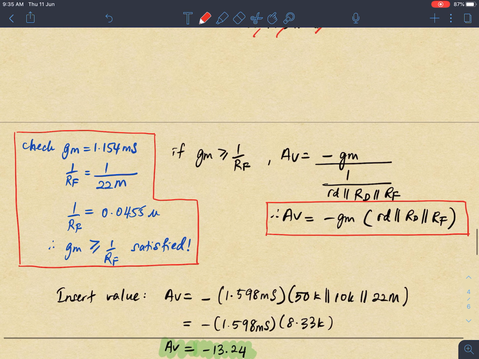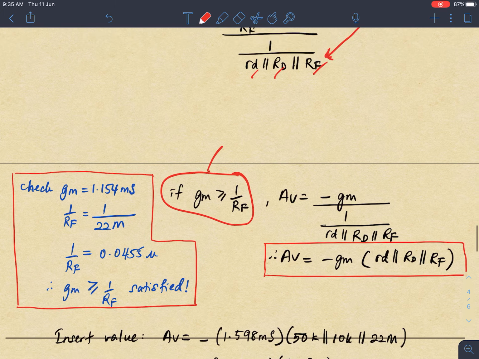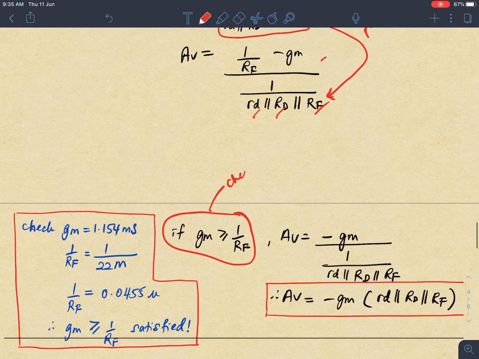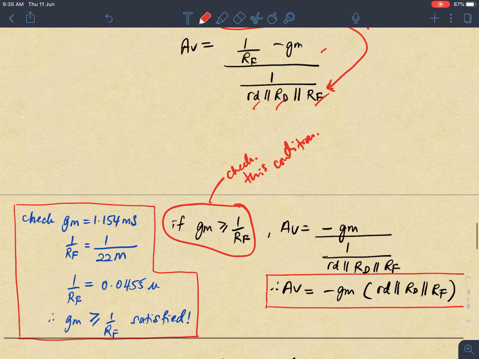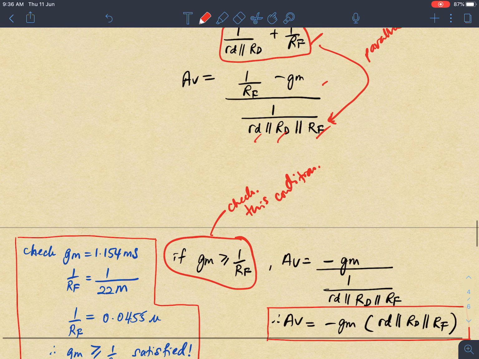in the drain feedback, there is another condition to make your equation simple, because it's quite complex. So check this condition. If GM is greater than 1 over RF, we can say that this is equal to 0.